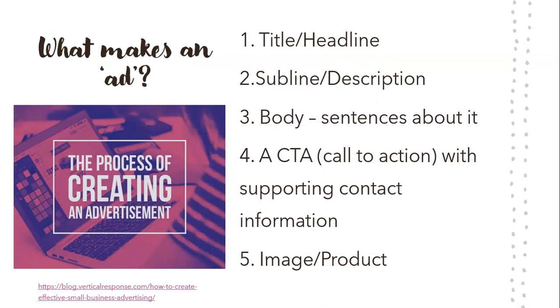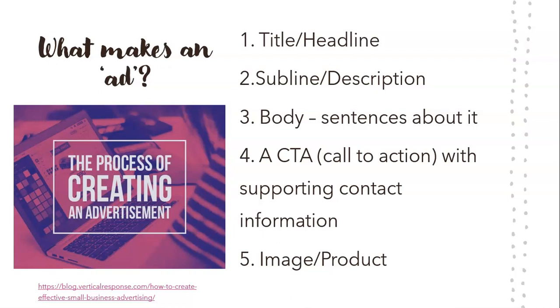So what makes an ad? There are different processes and different things that a lot of companies use, but these are the 5 basics that we would use to create an ad. 1 is a title or a headline. 2 is a subline or a description. 3 is the body, so a sentence about it.